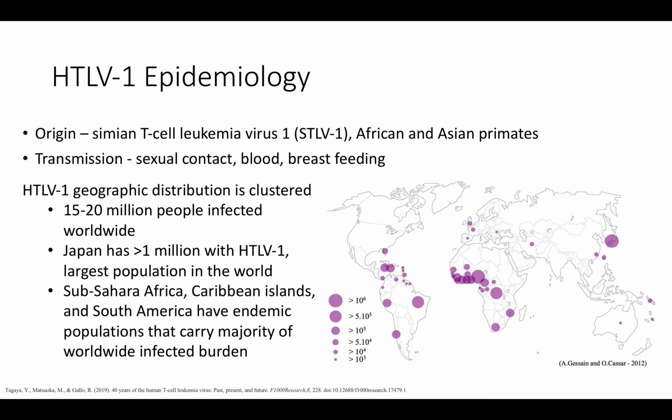But one of the things I do want to mention is that we do not know if the pockets are because the virus preferentially infects certain populations, or certain people, for whatever reason, are more susceptible to HTLV1 infection, or is it because we just have poor data to account for a true representation of the infected population worldwide.